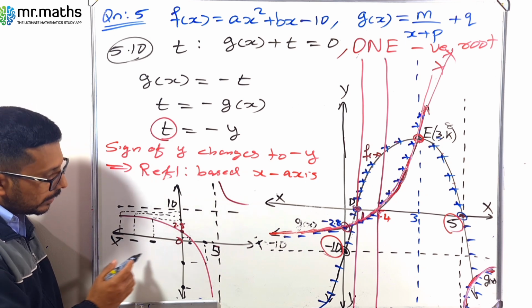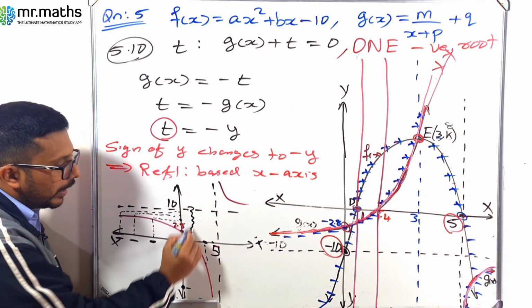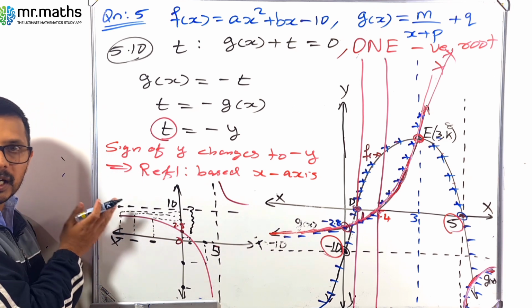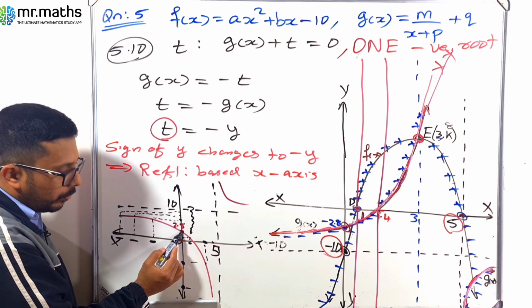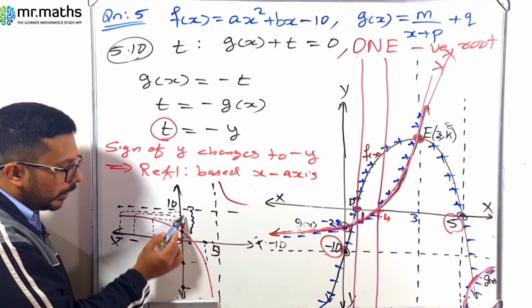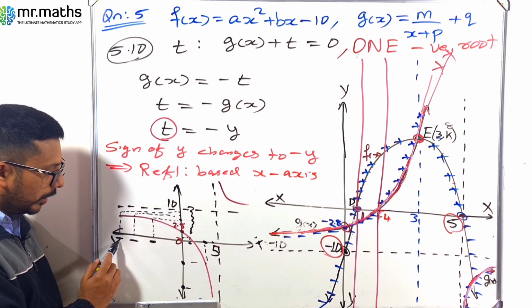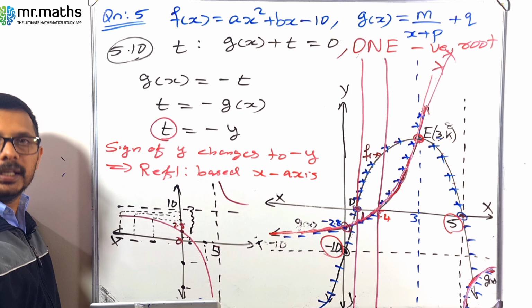Okay, so it means that if I take a y value between 2.8 and 10, this one never crosses this 10. I can't take 10 as a value. Okay, so if I take a y value or t value between 2.8 and 10, then I will get the corresponding x value, x value means root, as negative.